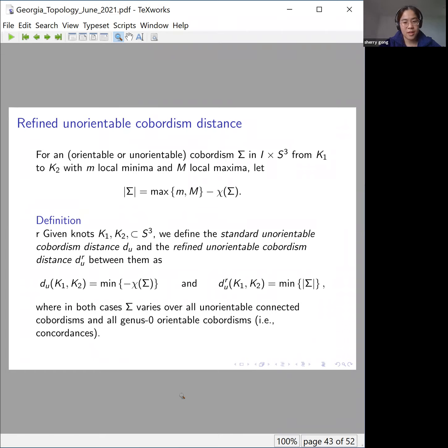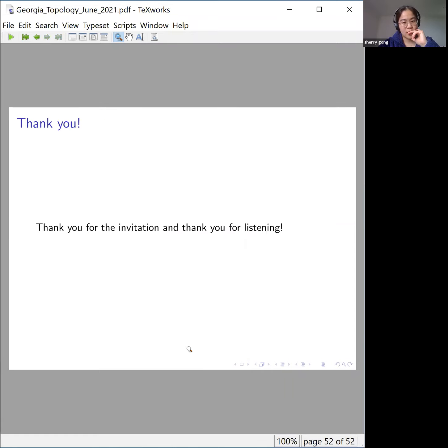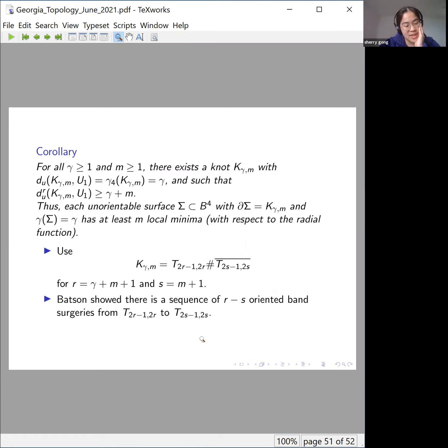You're sort of getting at a little bit of the knottedness of the cobordism. Yeah, you are getting at how this cobordism is embedded. In this case, we're saying that if you're capping off a knot, you can't just cap it off without having at least some local minima.